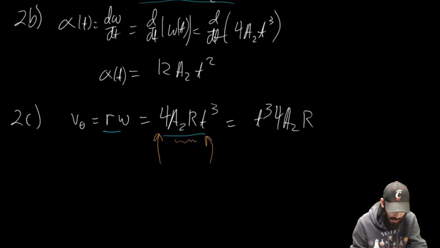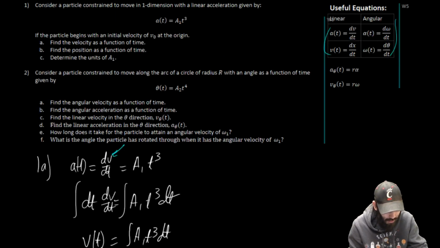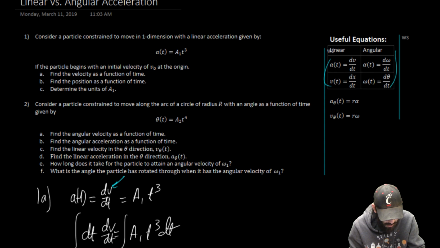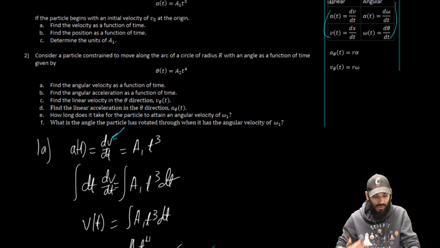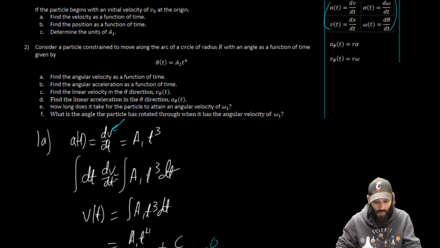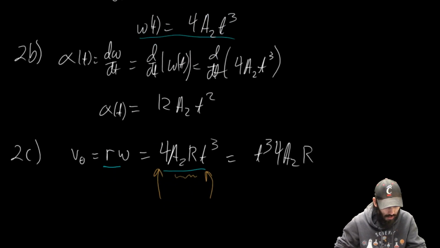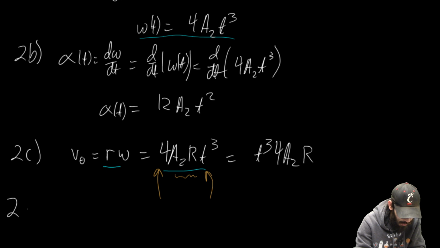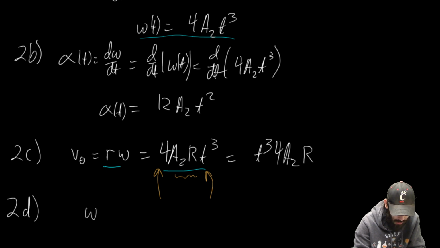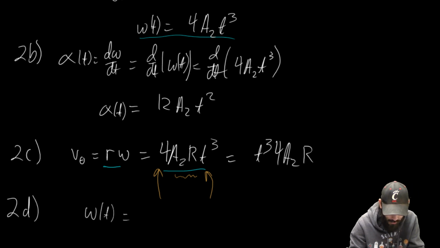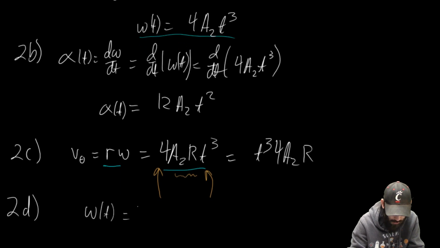Okay, so the next thing that we have here is we want to find how long it takes for the particle to attain an angular velocity of omega 1. And so we're going to go to our angular velocity equation. So this is going to be 2d. We said our angular velocity as a function of time is going to be equal to 4a2t cubed.